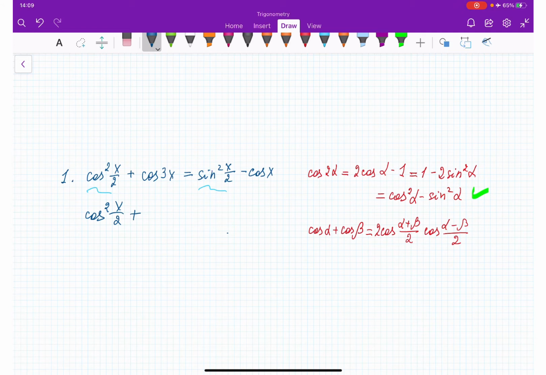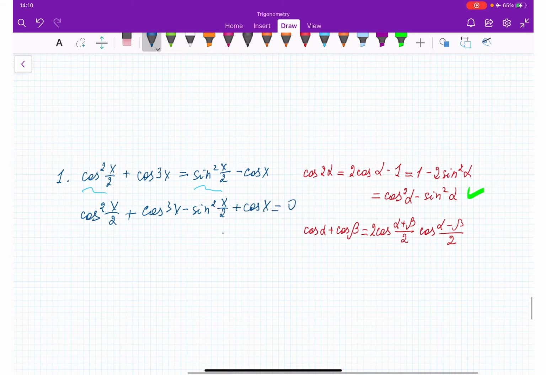Okay. Plus cosine 3x, minus sine square x over 2, plus cosine x equals 0. So these two, like I mentioned, will create cosine x based on the formula with this green mark on the right side.